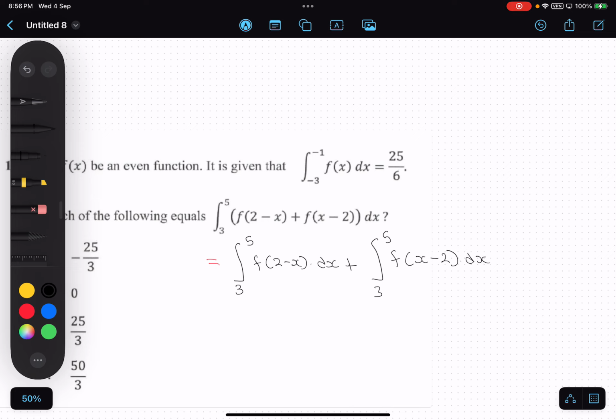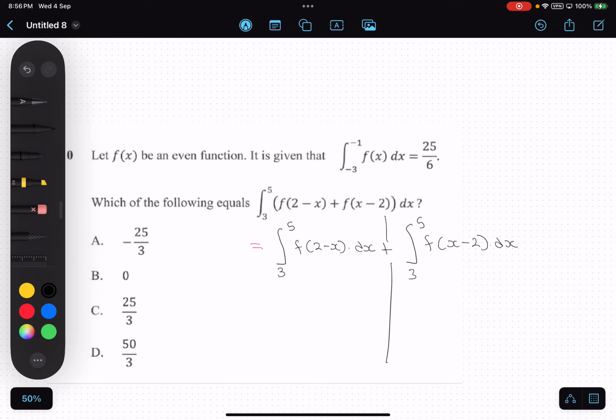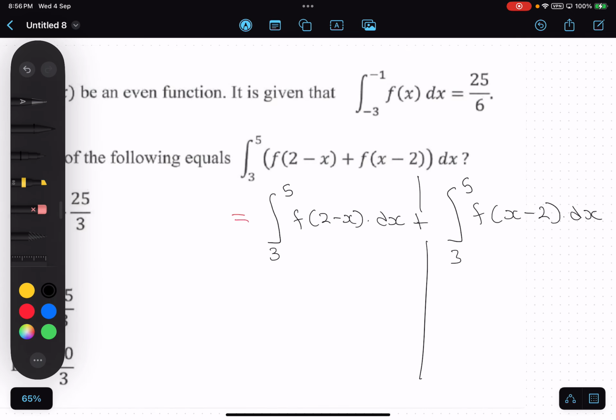Now it's a lot more manageable. So I'm just going to split it down the middle. For each side, what you want to do is find the upper and lower boundaries.